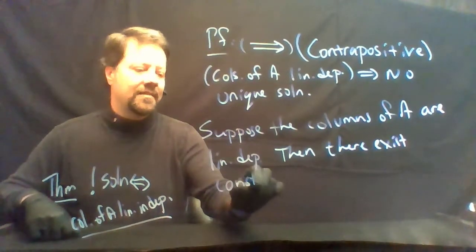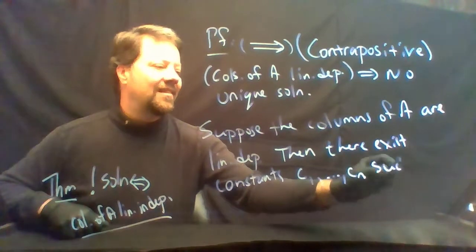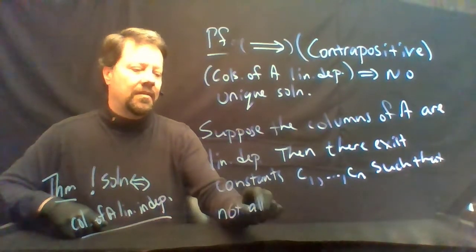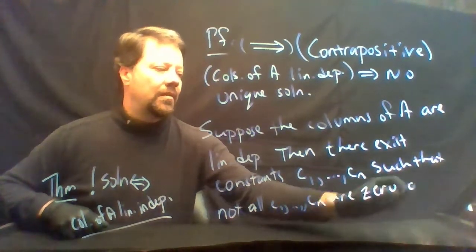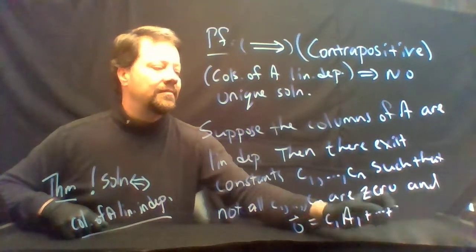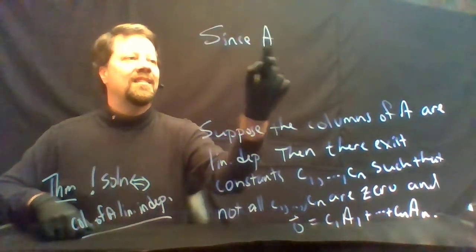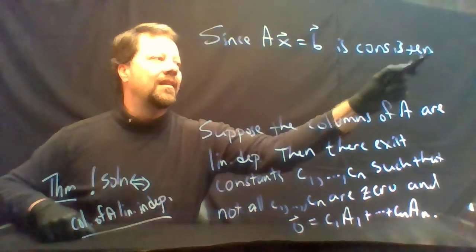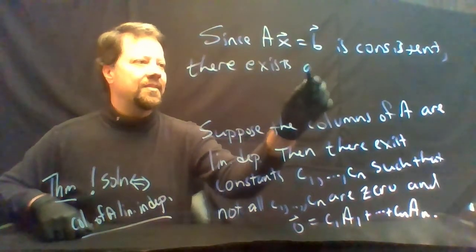There exist constants, we'll call them c1 through cn, such that not all of these are zero, and we get the zero vector being a linear combination of the columns of A. Since Ax equals b is consistent, there exists a solution.